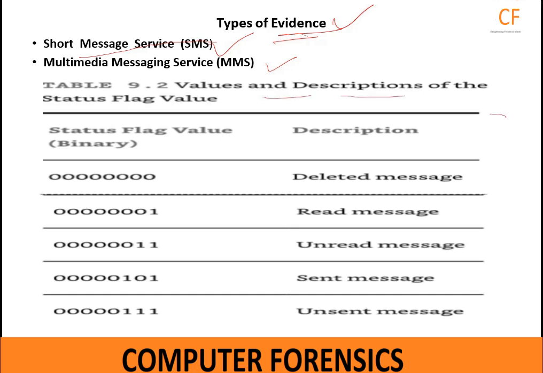The table identifies the values of the status flag and their meanings. When viewing the text message with a hex editor, an unread SMS message begins with 11, a deleted message begins with 00, and so forth.